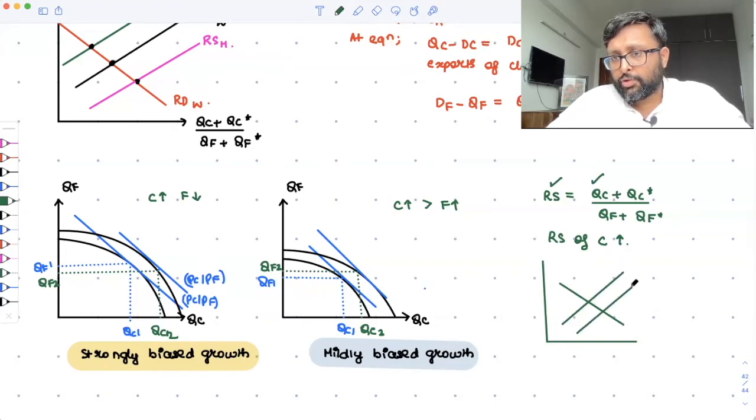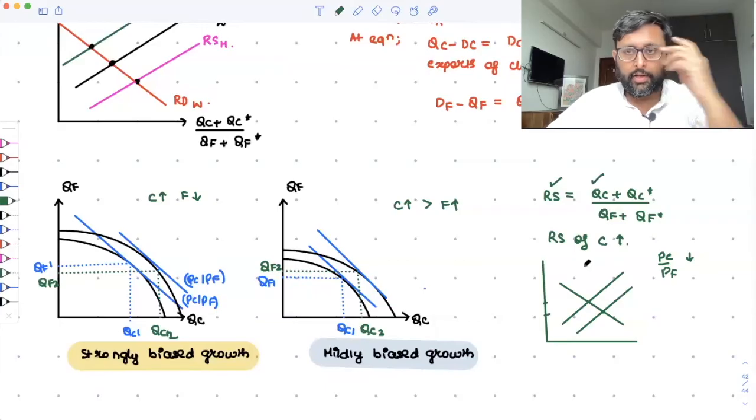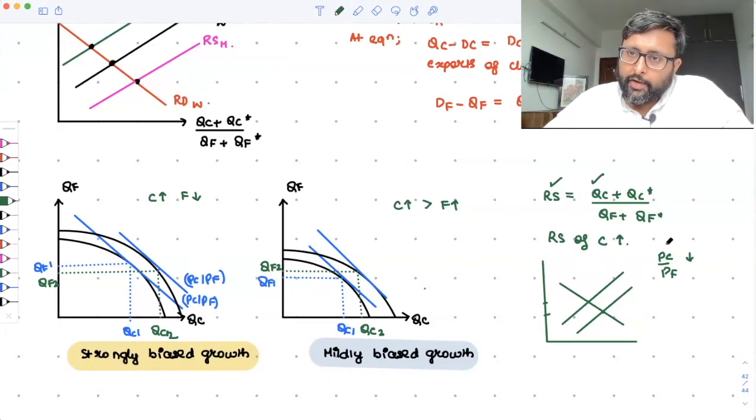When the supply curve shifts, it is going to decrease the relative price of the cloth. So earlier the relative price was this, now the relative price is this. When the relative price of cloth falls, that means PC by PF is falling. So it means what? The terms of trade for the home country has worsened. No?